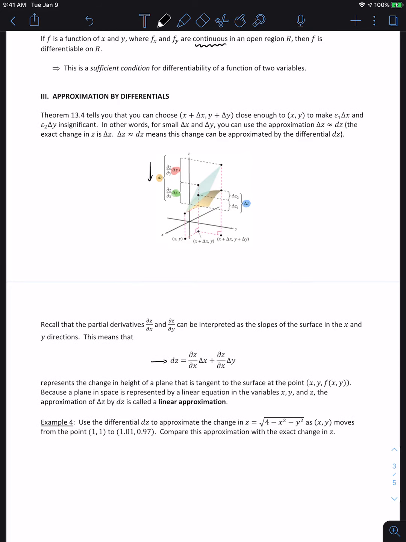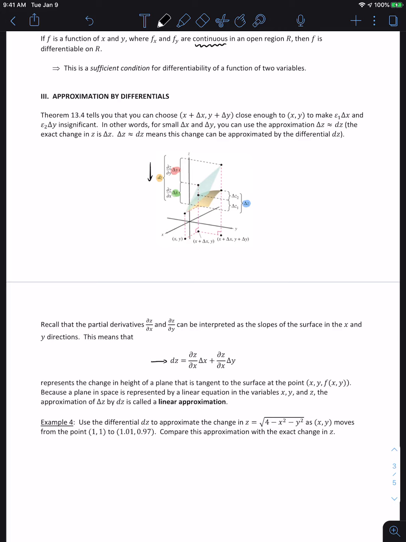Okay, so recall that the partial derivatives of z with respect to x and z with respect to y can be interpreted as the slopes on the surface in the x and y directions. Remember, this partial derivative was the slope in the x direction, and this partial derivative was the slope in the y direction. So what does this mean?